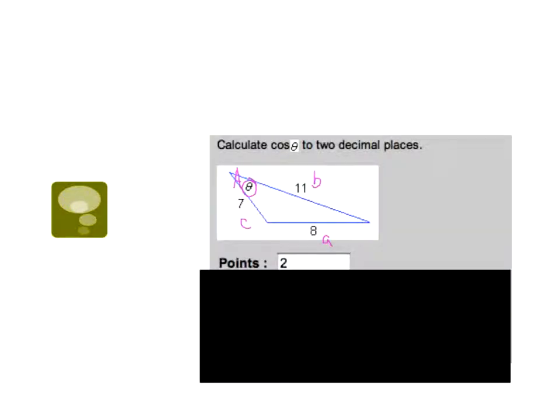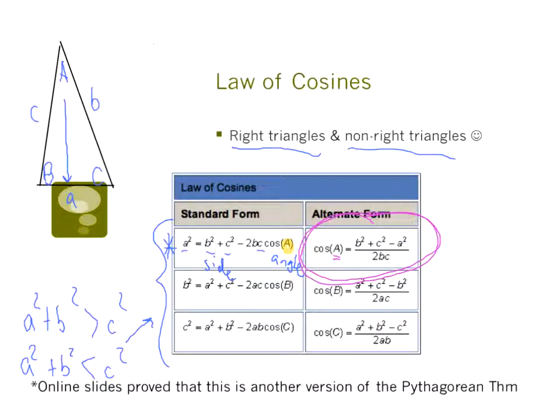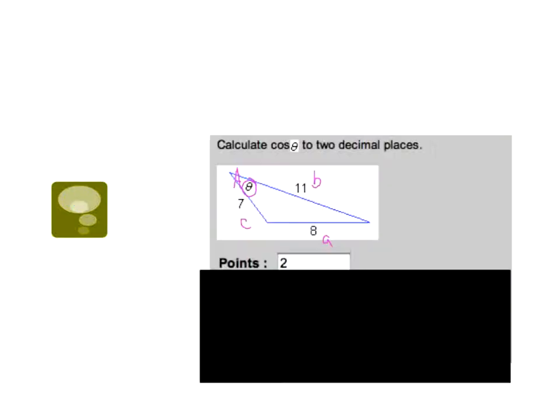So when I look at my problem, which one do I not know? I know all my side lengths, right? I don't know my angle. So I'm going to use the one on the right. So let's write that formula out. So I have cosine A equals b squared plus c squared minus a squared over 2bc.